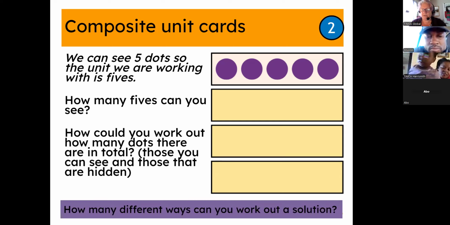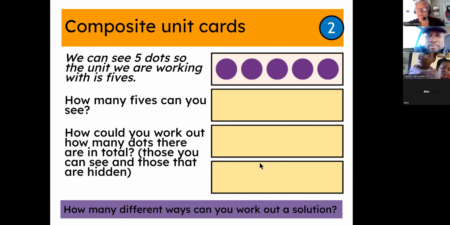At this point, you could give them some time, and see how many different ways they could work out a solution. So I'm going to give you a minute. Think about how you could work out how many dots there are in total.